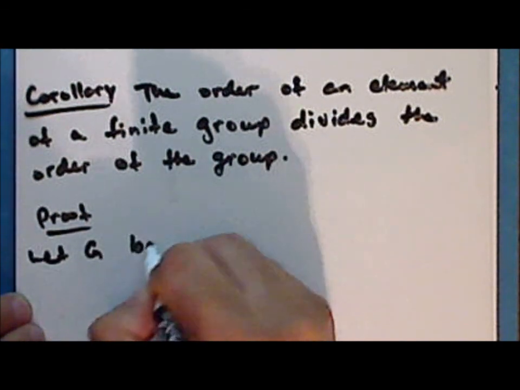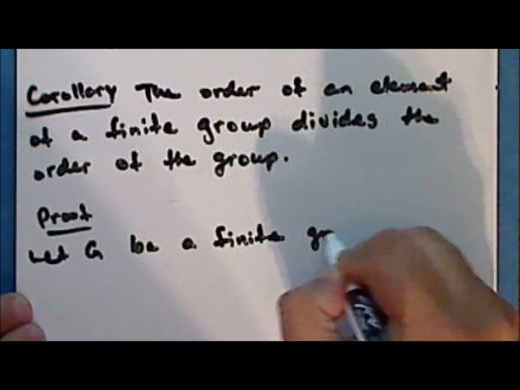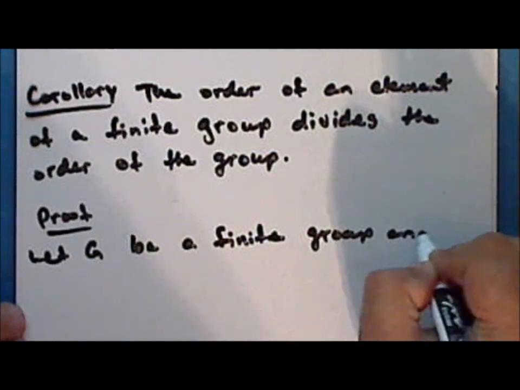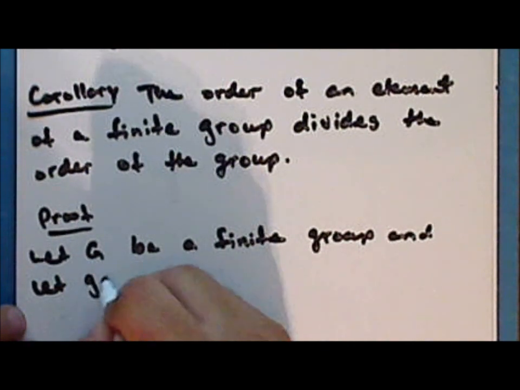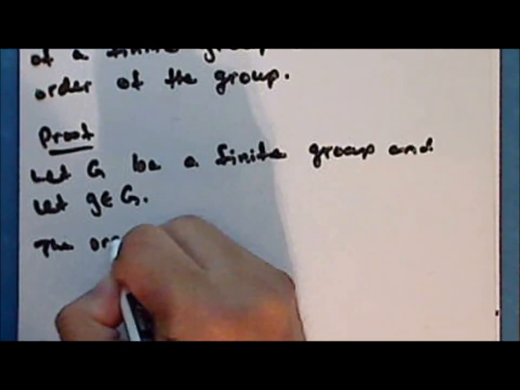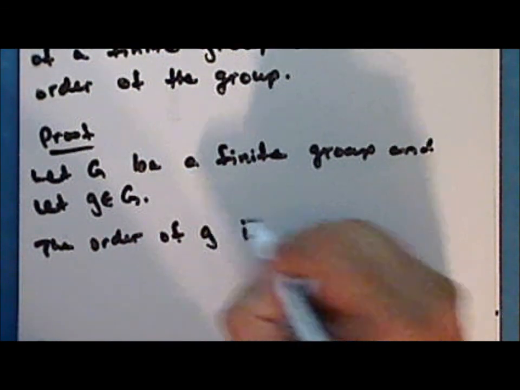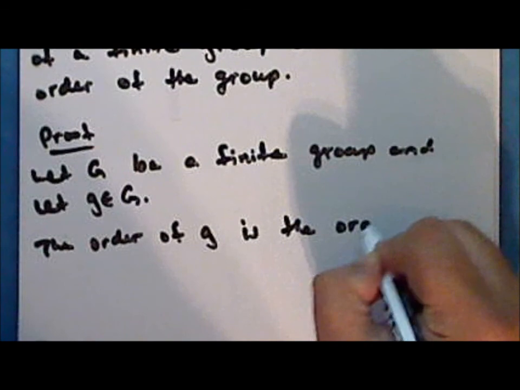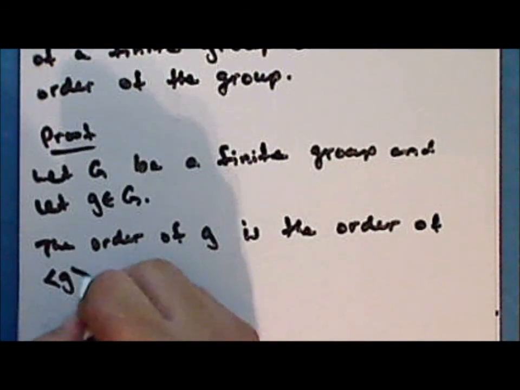Let G be a finite group, and let g be an element in the group. The order of the element g is the order of the cyclic subgroup generated by g.